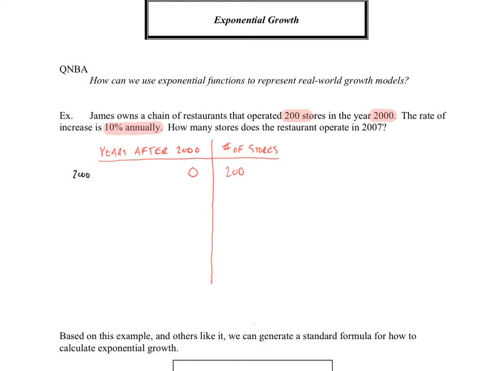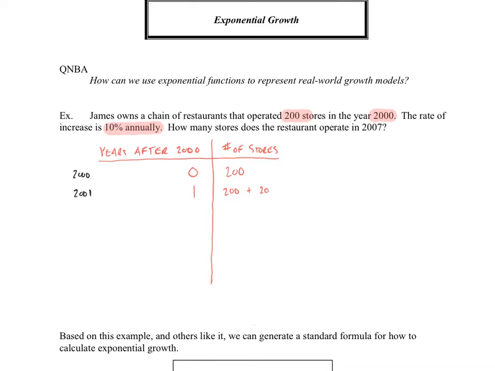Now the problem is that every year the amount of stores he has increases by 10% of whatever is there at the time. So in the first year after 2000, which is going to be the year 2001, he's not just going to be operating the original 200 stores, because those aren't going anywhere. He's also adding on to that 10% of whatever the stores is that he has, right?